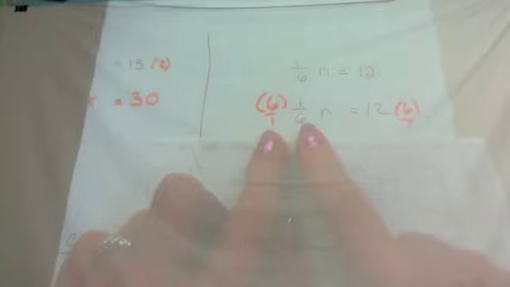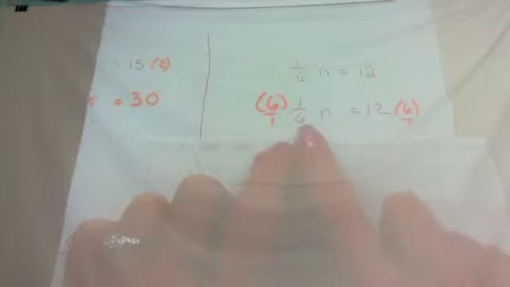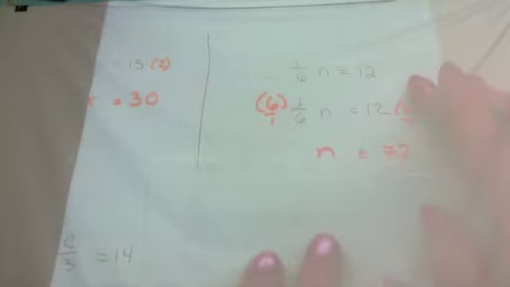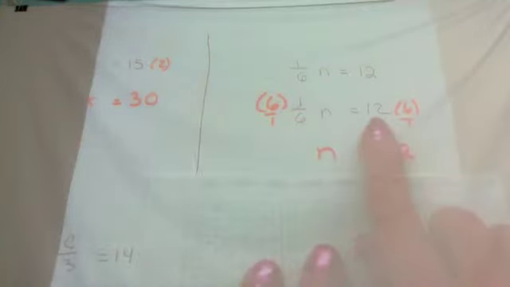The 6's cancel, so I get n by itself, and 12 times 6 over 1 is the same as just 12 times 6. It's 72.